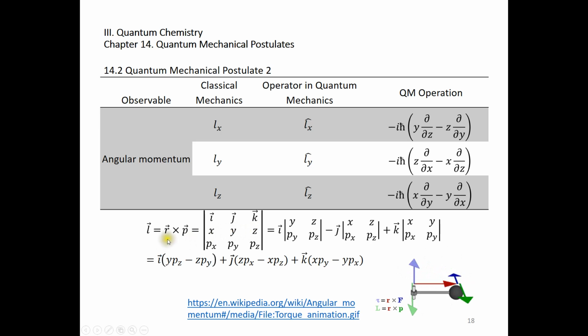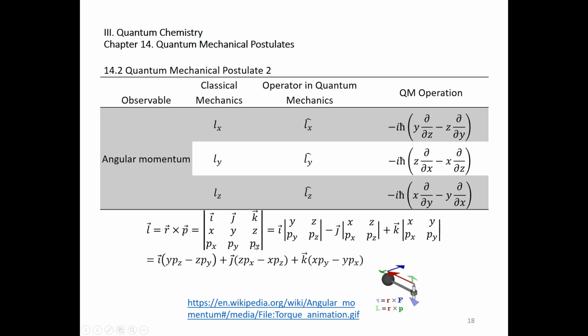But if not, well, the cross product of two vectors can be expressed as a 3x3 determinant. i, j, k are the unit vectors in the x, y, and z direction. X, Y, Z are the three components of the radius vector. Px, Py, Pz are the three components of momentum in the x, y, and z direction.